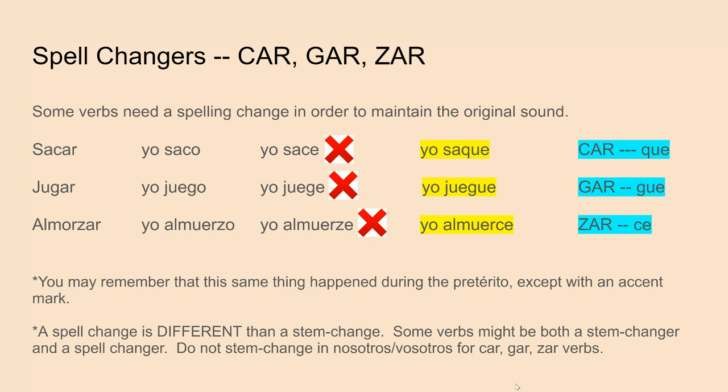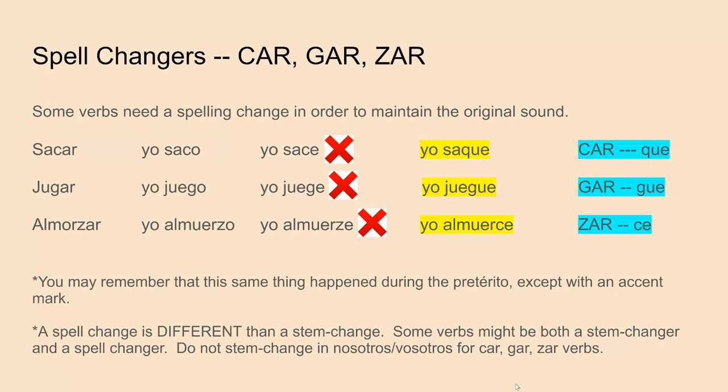A spell change is different than a stem change, right? So sacar is just a spell changer because all I did was put the QUE. Jugar is a stem changer and a spell changer because I have the original U to UE, and then I added the U after the G to get the G sound.